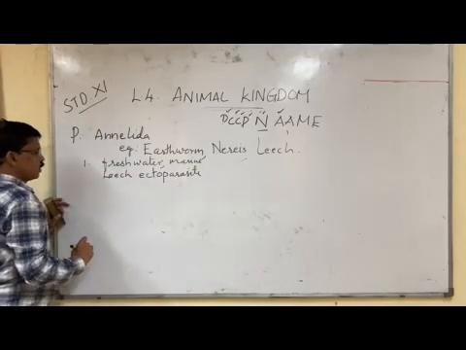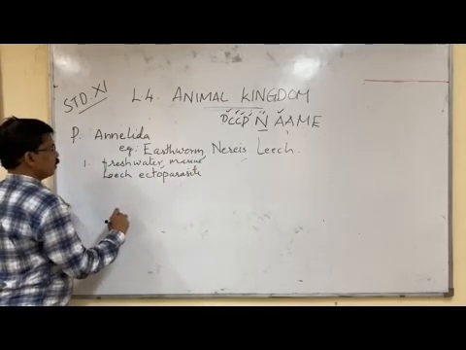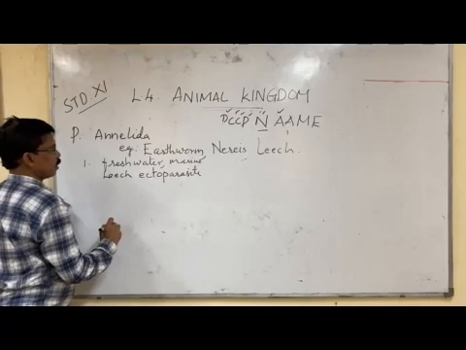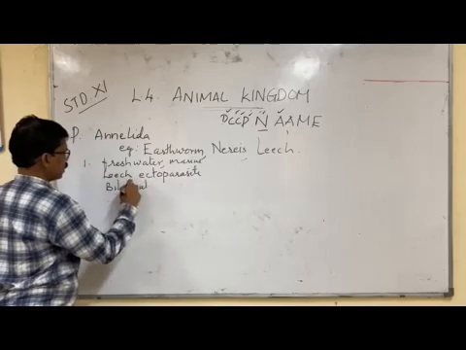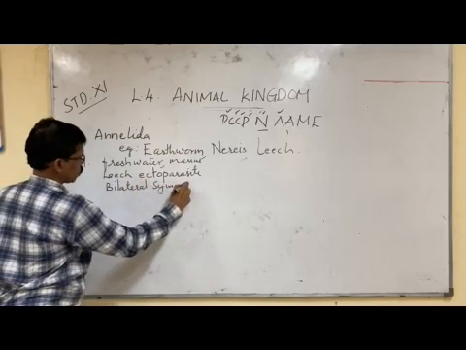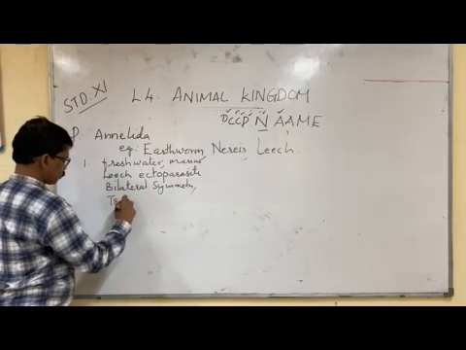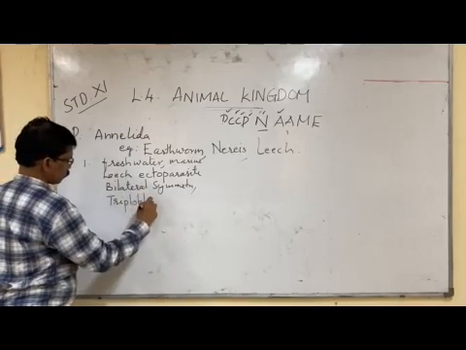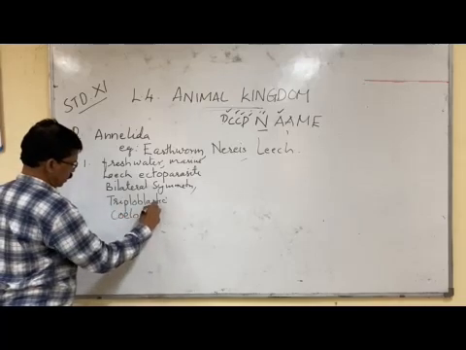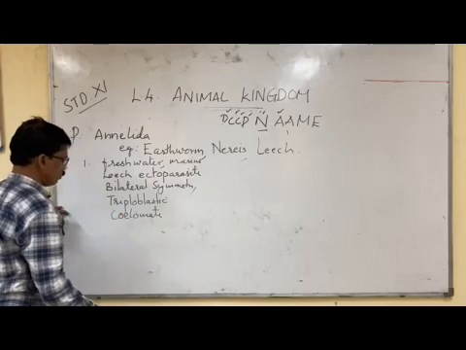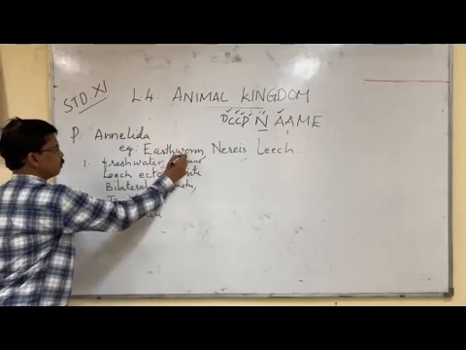Then, in the case of earthworms, the main points are that they are bilaterally symmetrical, triploblastic, and coelomate. The most important identifying feature is that the body is segmented into many small segments.